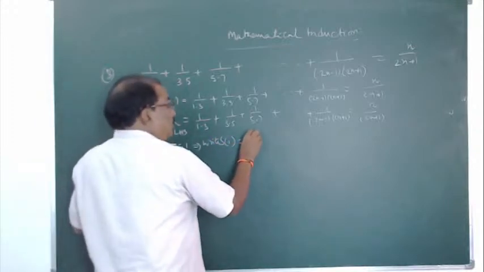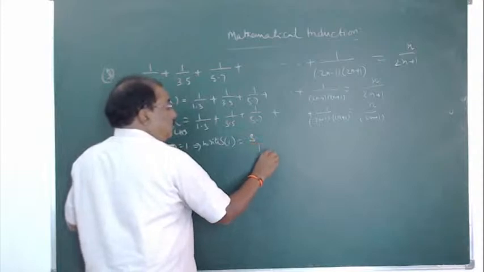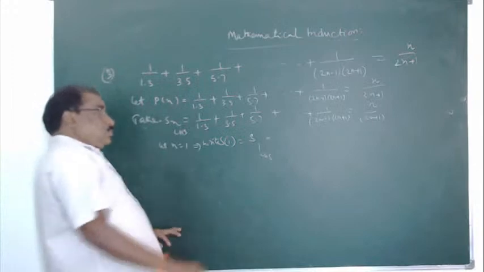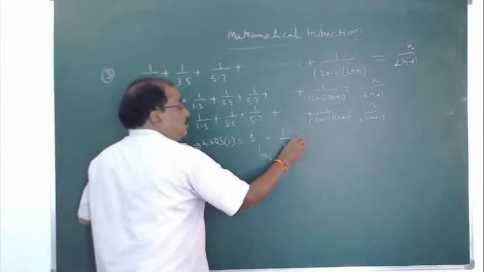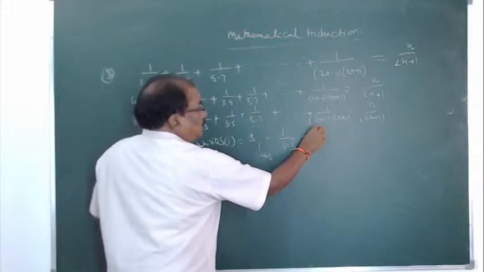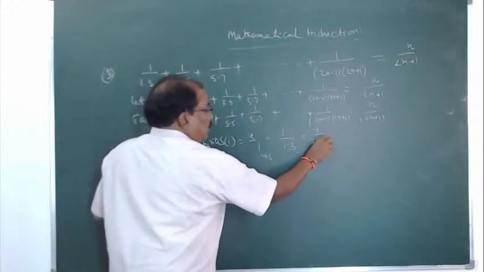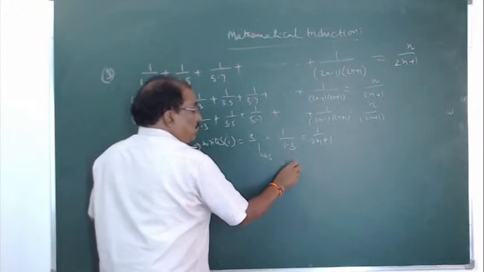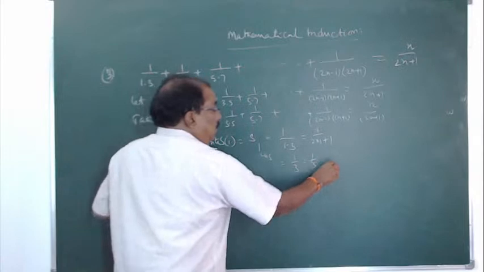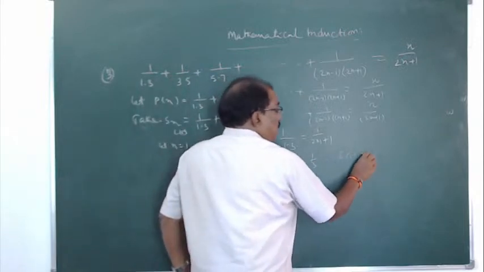S1 is equal to S1. The LHS is, what is this? S1 is equal to 1 by 1 into 3, that is 1 by 3. Whereas in the formula, 1 by 2 into 1 plus 1, that is equal to 1 by 3. Therefore, S1 is true.